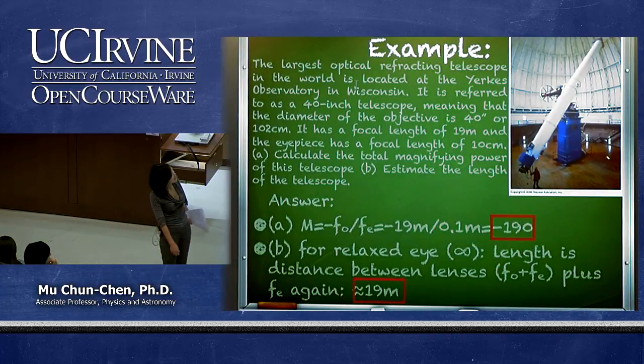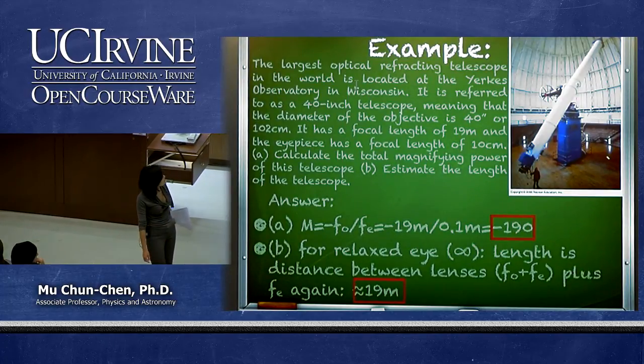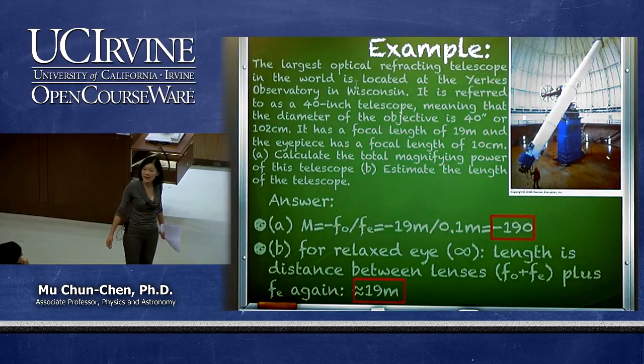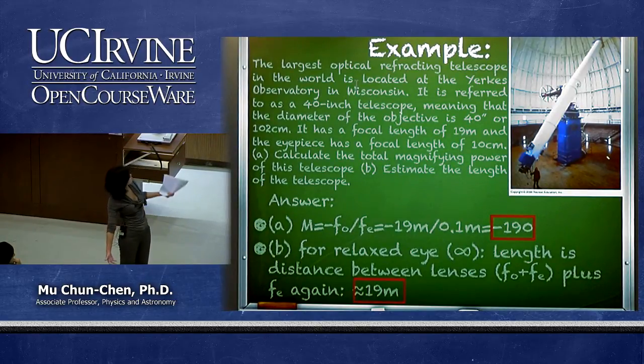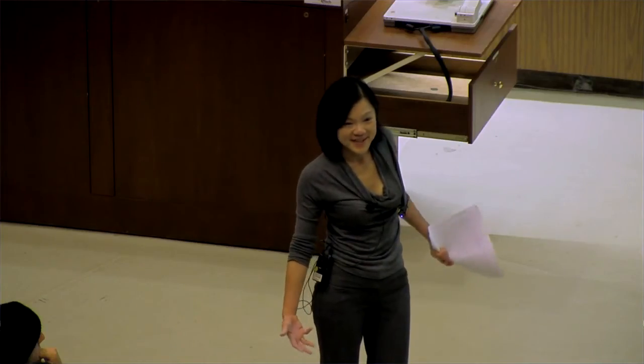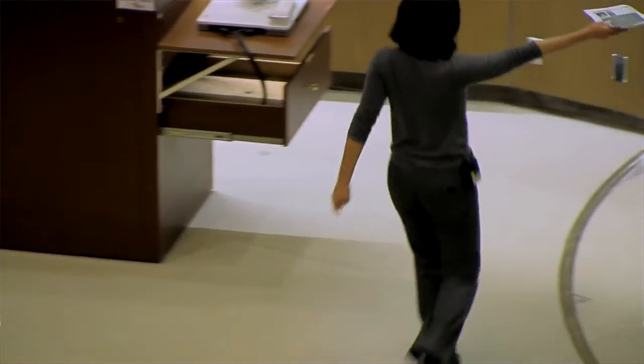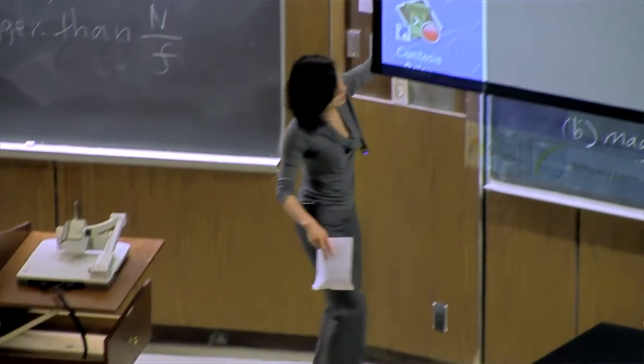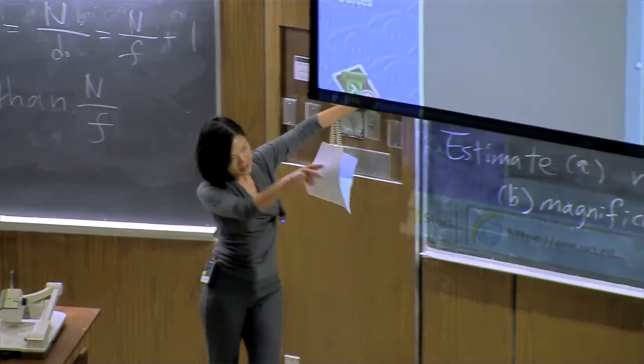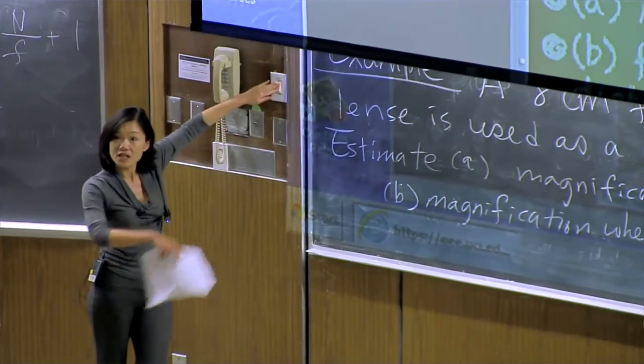It has a focal length of 19 meters, and the eyepiece has a focal length of 10 centimeters. So what is the total magnifying power of this telescope? You have the answer there, but how does the answer come about? Remember this formula we derived earlier, for the case with just two convergent lenses.